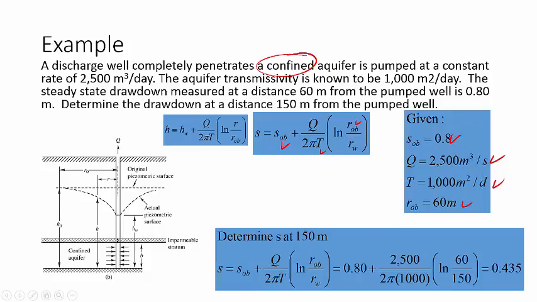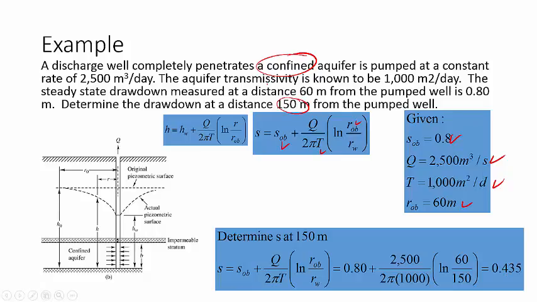Here you have 0.8 and 60, and then you have to calculate the drawdown at 150. So you substitute 60 over 150, and here you have the drawdown is 0.435, so this is at a distance of 150.